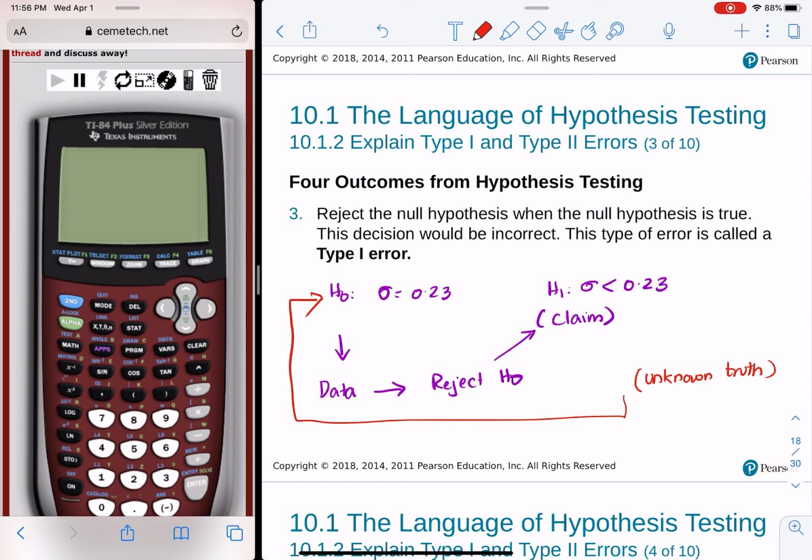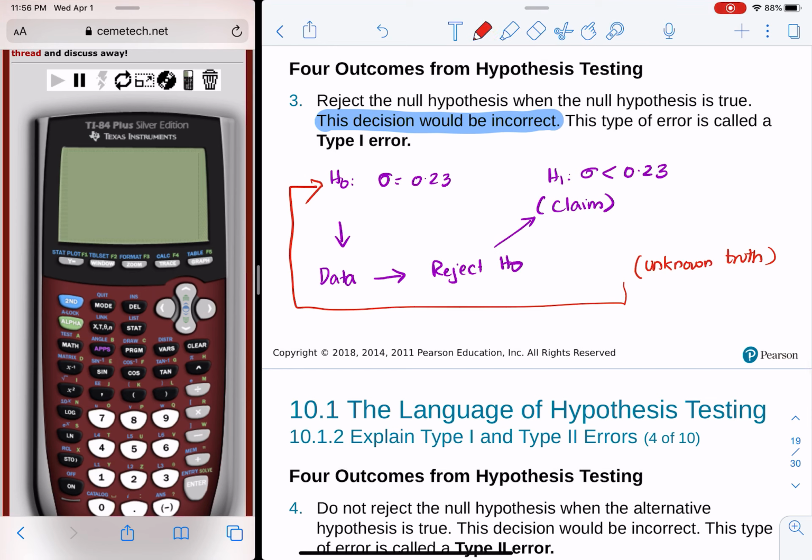So we made an incorrect decision, and this decision is what we call type 1 error. Type 1 error is rejecting null when the null is true. And this is what we call, in other words, false positive.